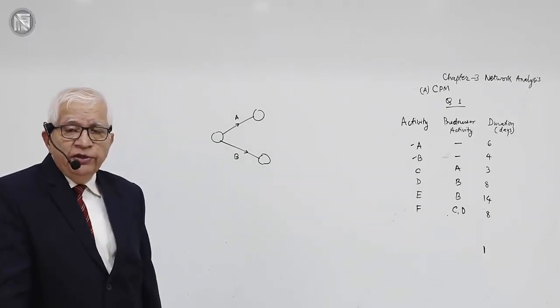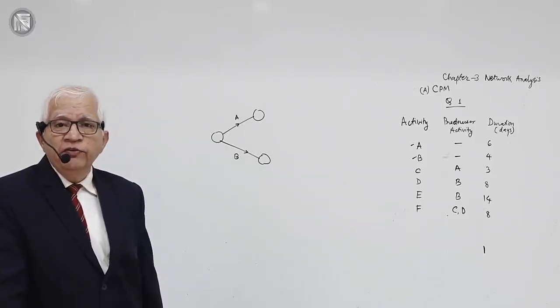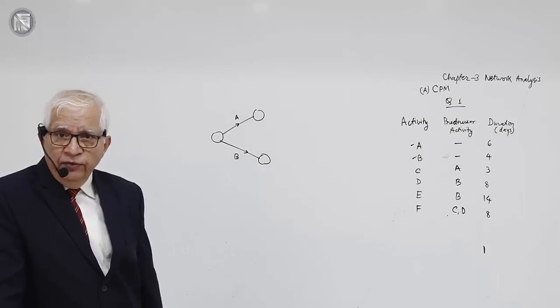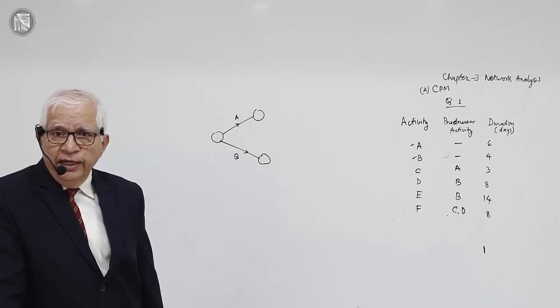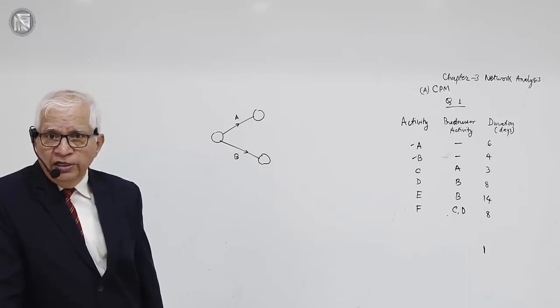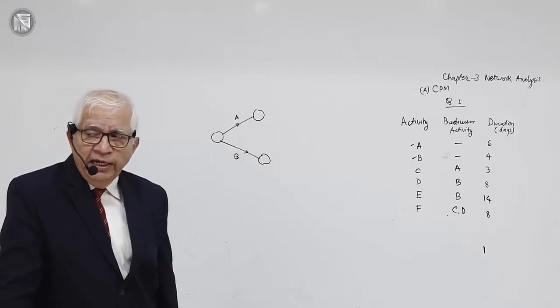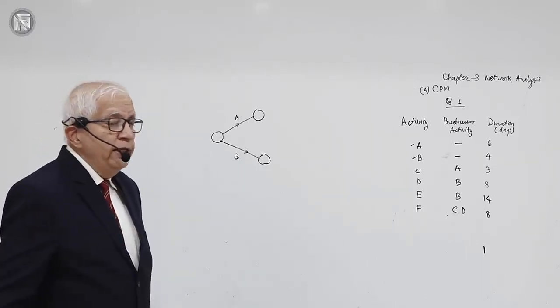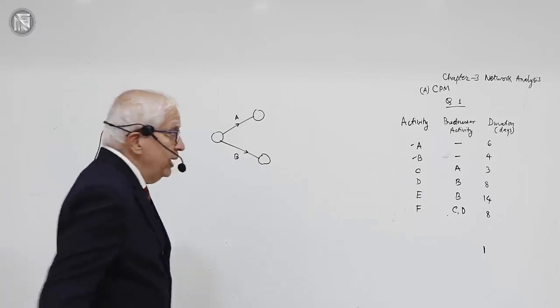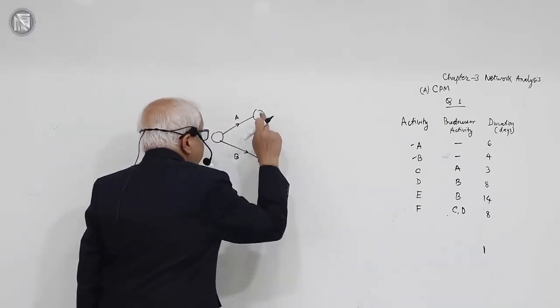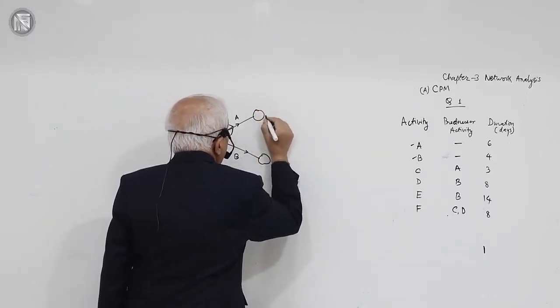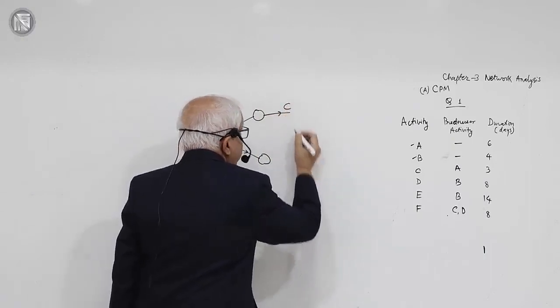But activity C depends on completion of activity A, and therefore C cannot even start unless activity A is complete. The new tire cannot be fixed unless the old tire has been removed. Therefore, activity C will start only when activity A is complete, and activity A is getting completed at this event, and therefore C can start now.